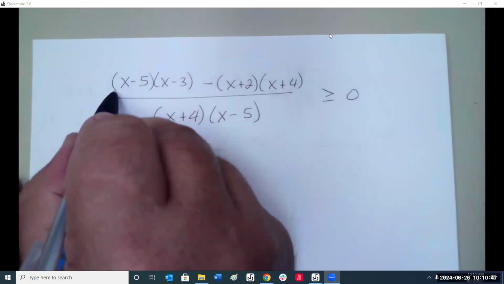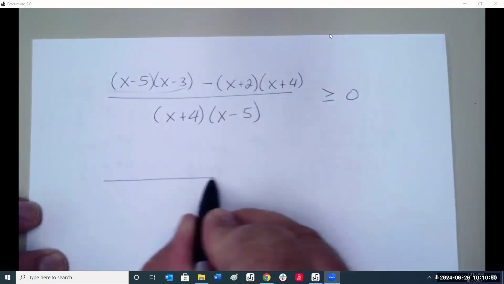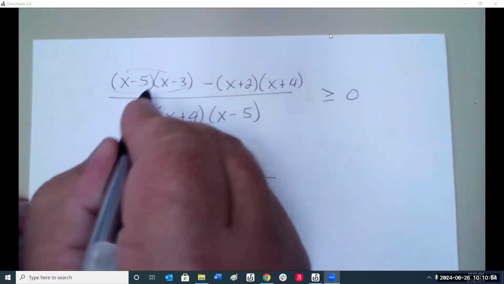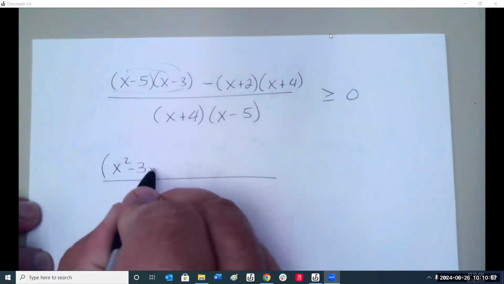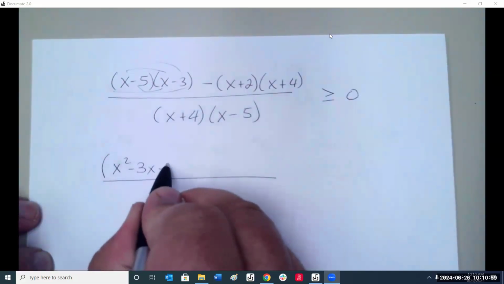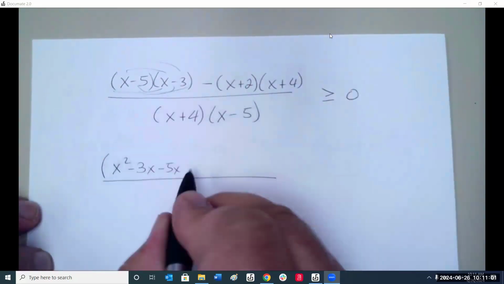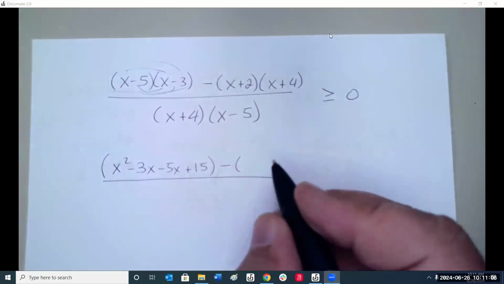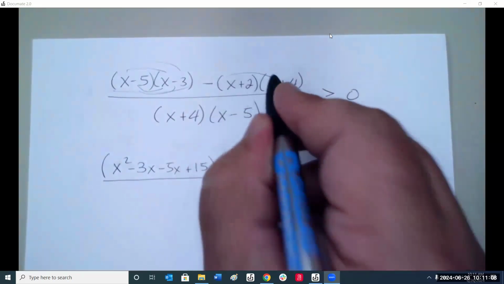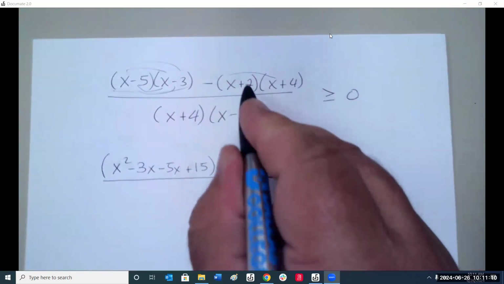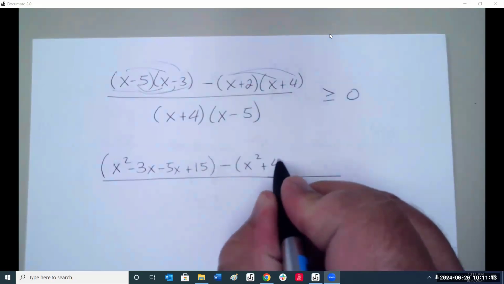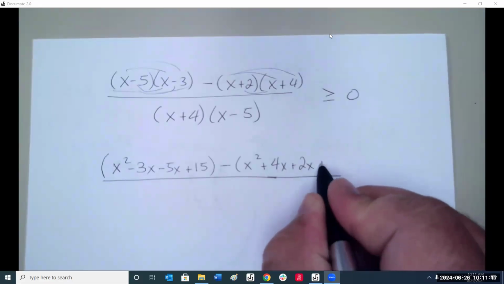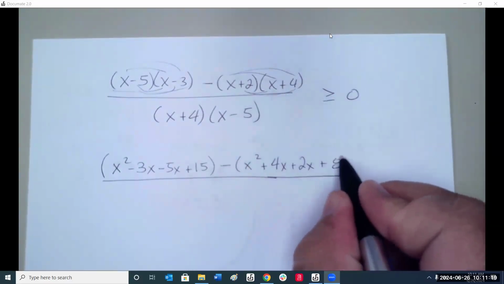So the only thing we do is the top. So we have x squared, negative 3x, negative 5x, positive 15, minus x squared plus 4x plus 2x plus 8.